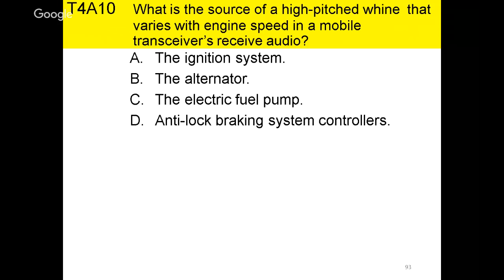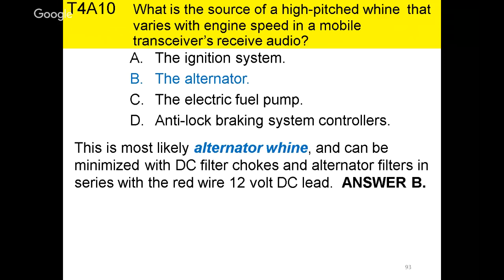So, what is the source of a high pitched whine that varies with engine speed in a mobile transceiver's receive audio? You hear this ignition noise, but it's not necessarily the ignition. It's part of the ignition, but actually it's the alternator. There's an alternator whine. You step on the gas and it goes up, and it can cause some issues. So you're going to need some DC filter chokes.